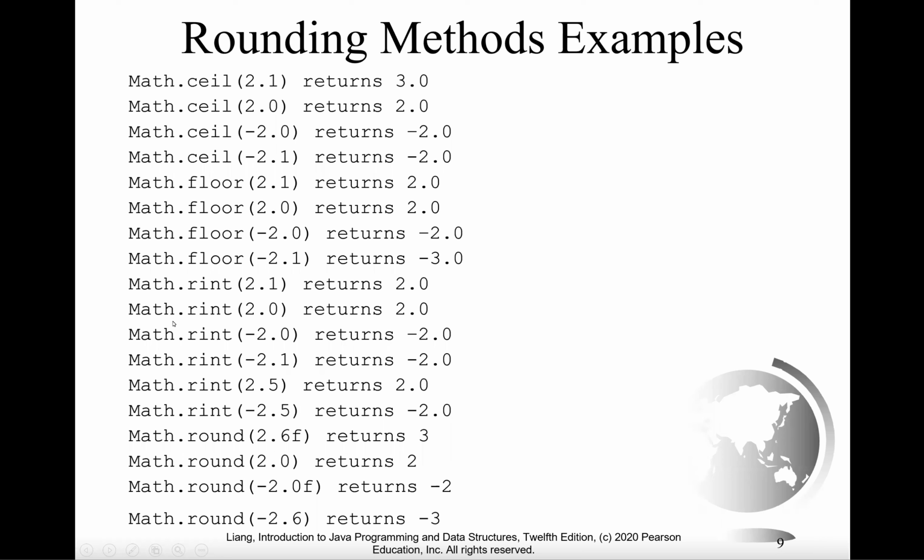So let's look at the example here. rint(2.1), the nearest integer is 2.0. Now rint(2.5) is close to both 2 and 3, but the even one is returned, so that returns 2.0.